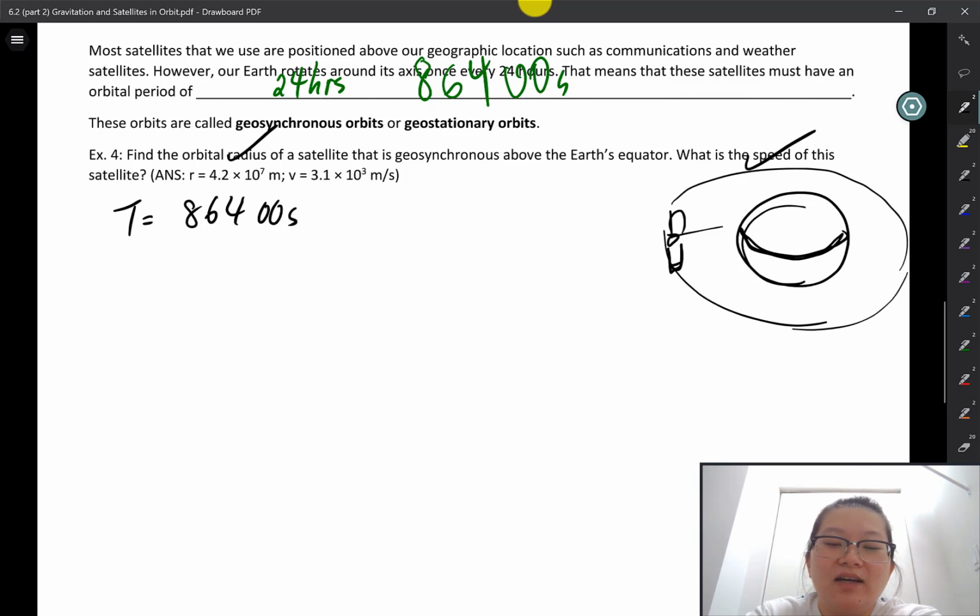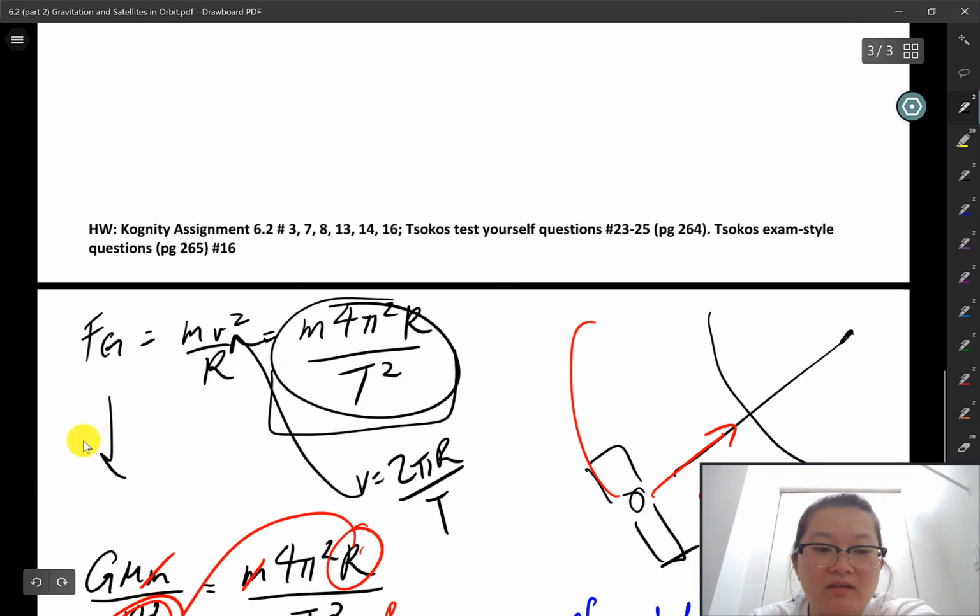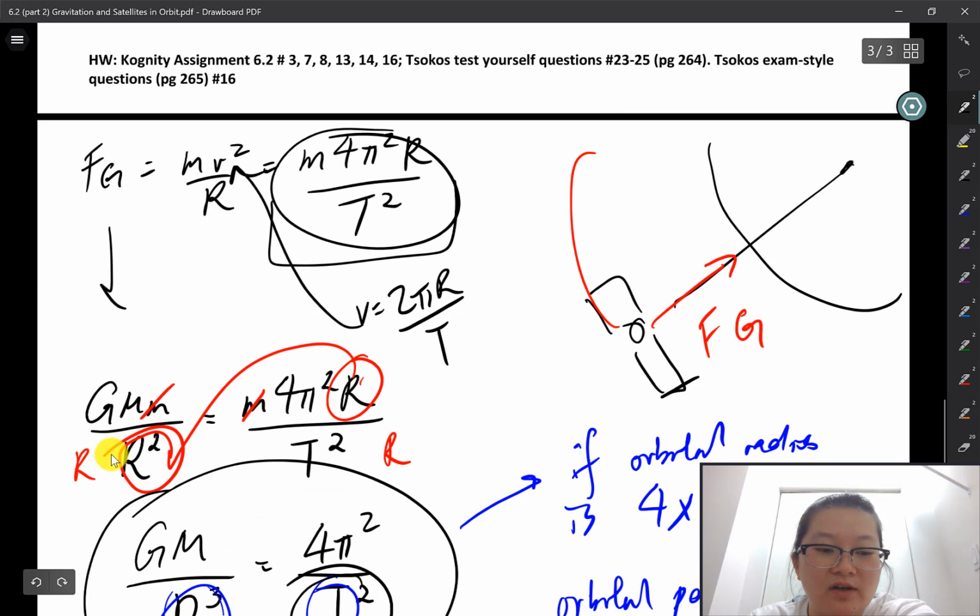I think the intention of this problem was to get you to write that complicated equation I showed in the last video, the fully written out version of the F-net equation, combining the period and the radius instead of the speed, so that you find the orbital radius first, then use that to find the orbital speed.